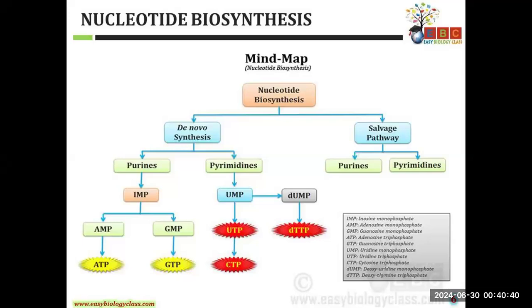Because we are discussing pyrimidines, so de novo pathway and the salvage pathway. The difference between these two pathways is that de novo pathway requires much more energy for the synthesis as compared to salvage pathway, which requires less amount of energy.